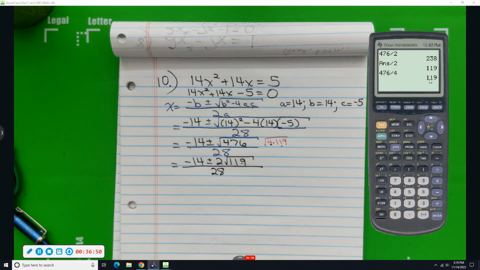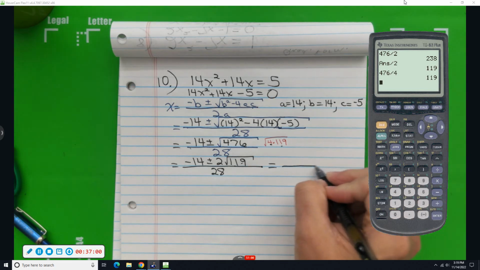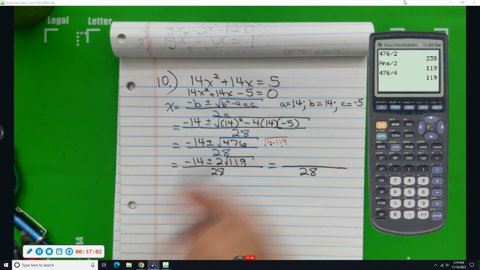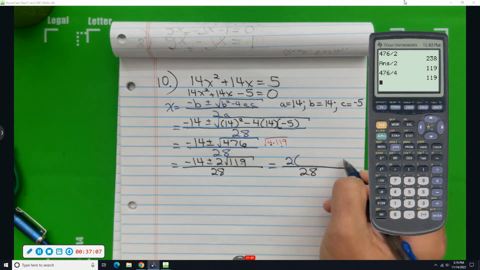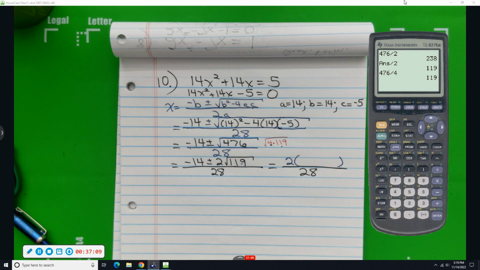Let's factor and cancel again. 2 and 14, they're both divisible by 2, so we're going to factor out a 2.